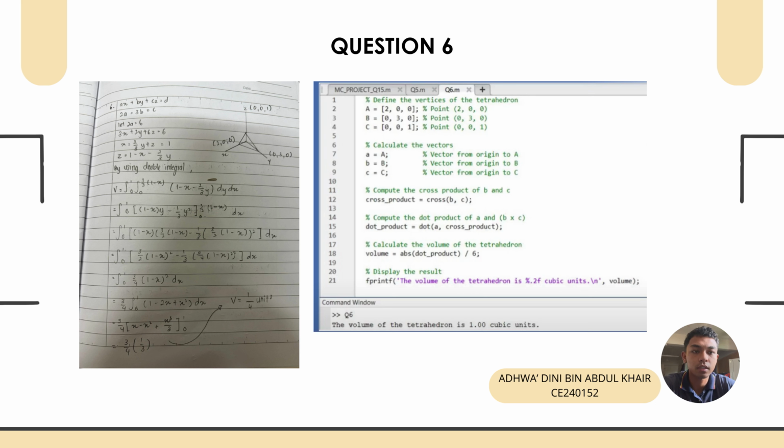Next, for the MATLAB simulation, we get the output: the volume of the tetrahedron is 1 cubic unit. To verify our manual calculation, we use that code.